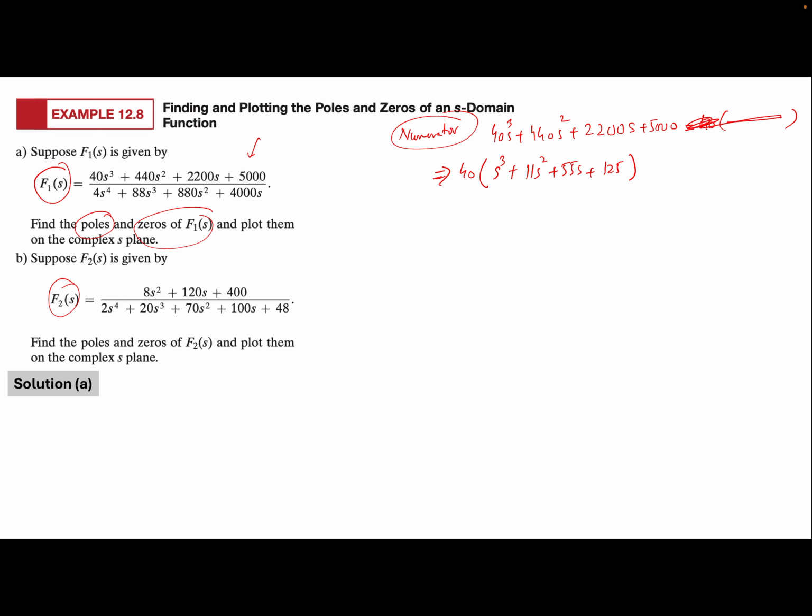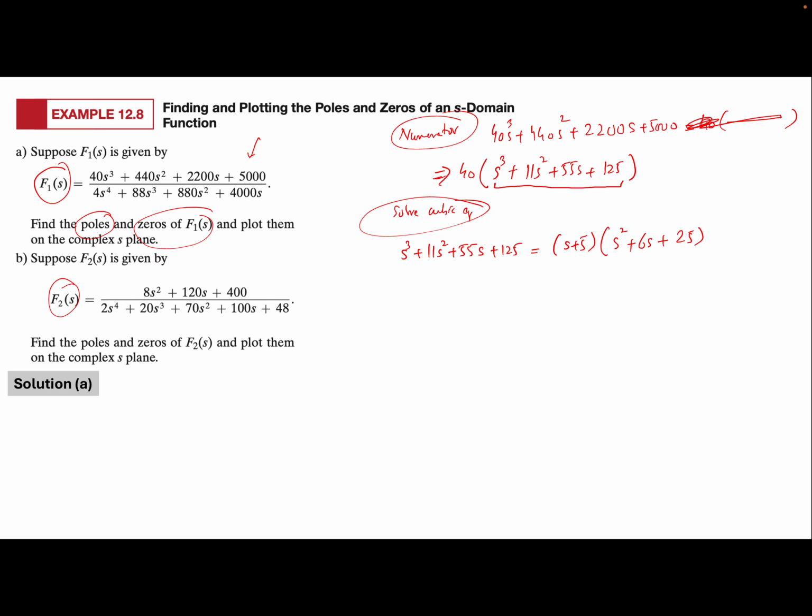The first thing is to take the constant out, 40, so that the highest power has a scalar constant of one. Now solve this cubic equation, s cubed plus 11s squared plus 55s plus 125. You're going to get s plus 5 as one of the factors, and a quadratic factor, s squared plus 6s plus 25.